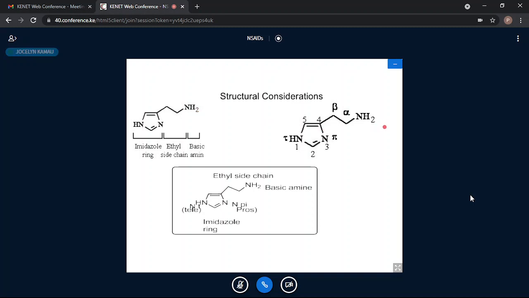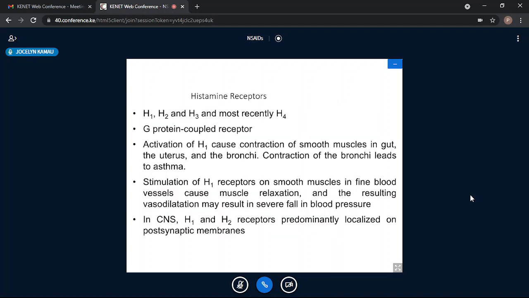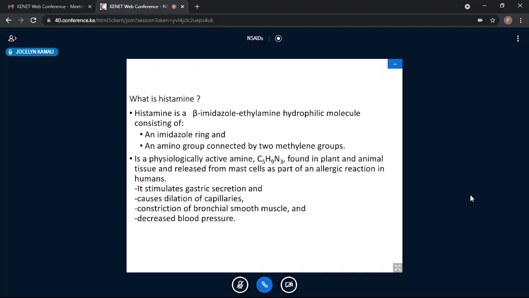Then from this amino group, this is the alpha carbon, that is the beta carbon, and that is where the name came from, where we called it beta imidazole ethylamine, because the imidazole group is attached to the beta carbon of the ethylamine. No wonder we called it a beta ethylamine derivative.